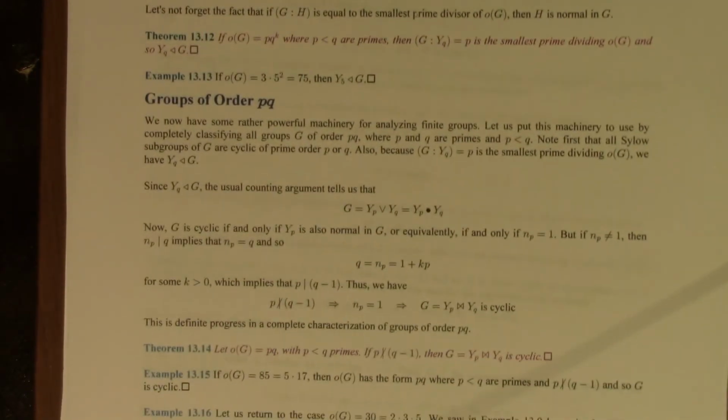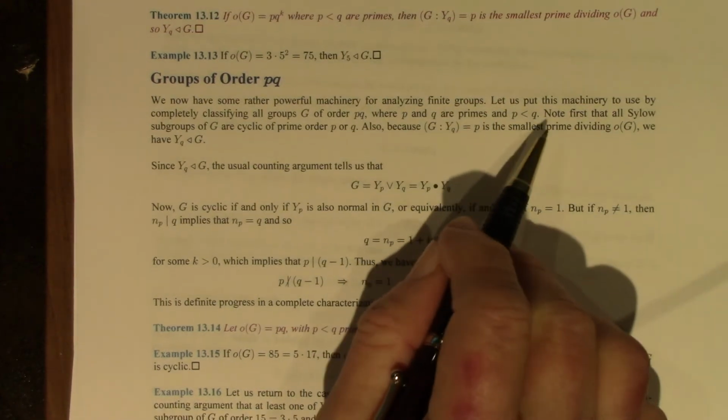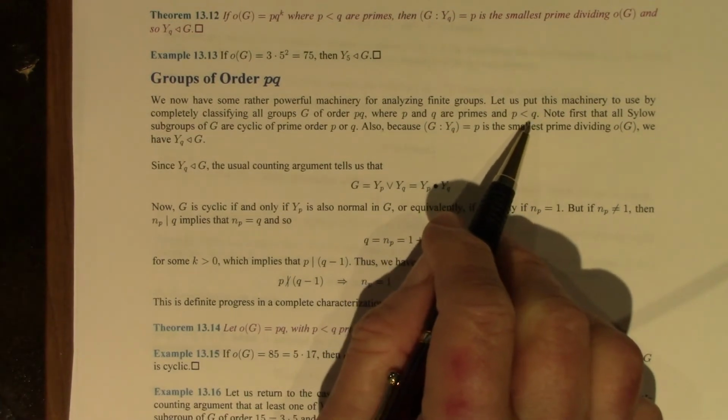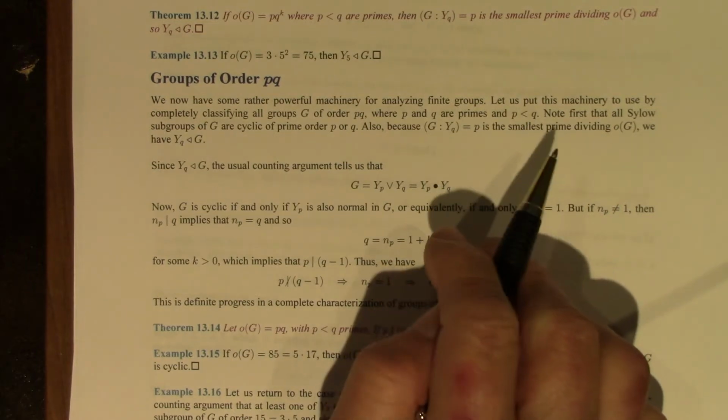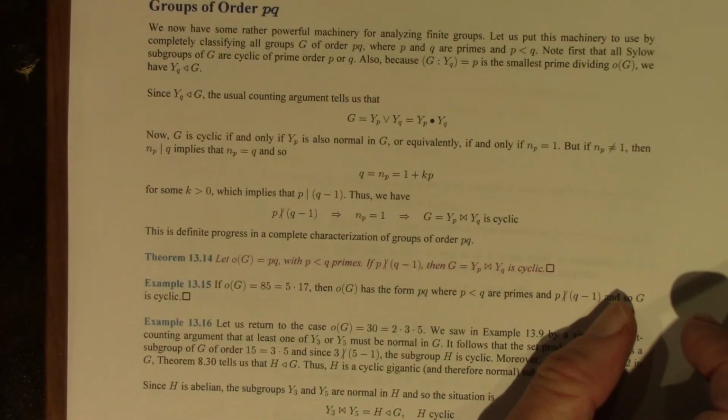Well, we have gathered some rather powerful machinery for analyzing finite groups. So I want to put this machinery to use by completely classifying all groups G of order PQ, where P and Q are primes, and we'll assume that P is less than Q. So this does not cover the case of groups of order P squared, which we did discuss earlier in the course.